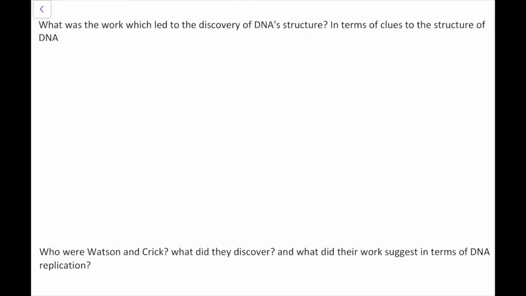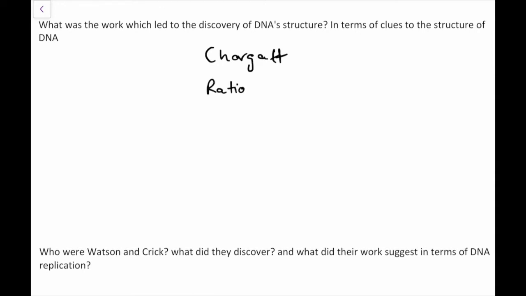So we're going to have a quick review again of the work that led to the discovery of DNA structure. So what was the work? Well, there were two major things. One was the work by Chargaff, and this suggested a particular ratio.